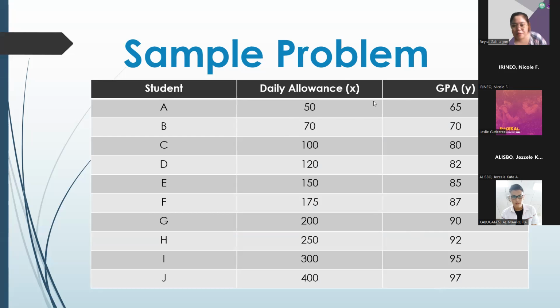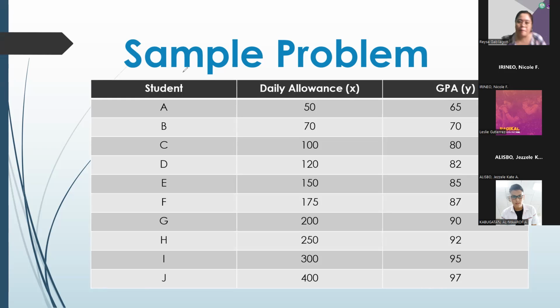Yun bang malalaki yung baon, matataas din yung grado? Or wala silang relationship? Let's see. Ayun yung sinasabing kinukuhanan natin ng relationship, class. So let's see later sa ating computation kung meron ba talagang relationship yung baon nyo sa grado nyo.